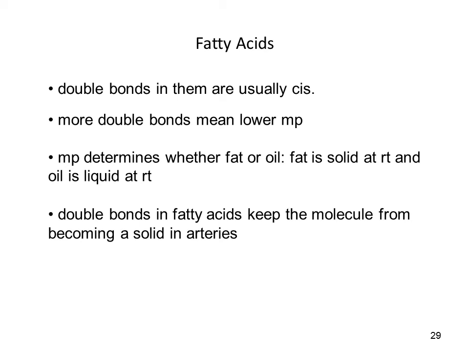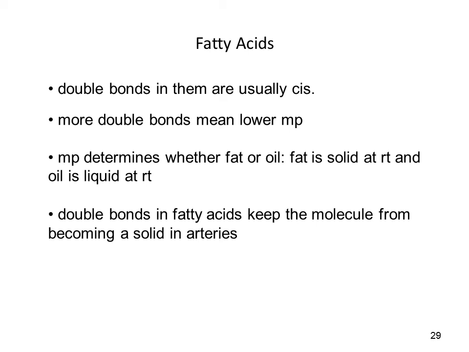So how does the fatty acid composition determine whether or not the fat or oil is a solid or a liquid at room temperature? It has to do with the double bonds or the unsaturation. If I look at a fatty acid that has a double bond in it, you will find it's U-shaped due to the double bond being rigid, and they're usually cis.